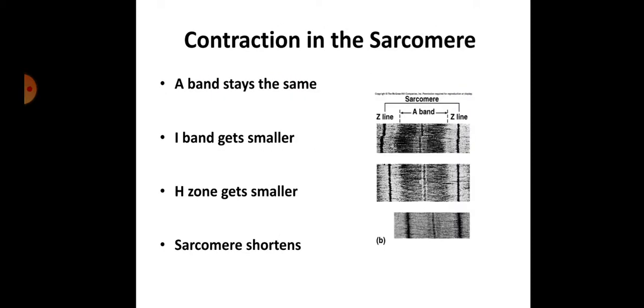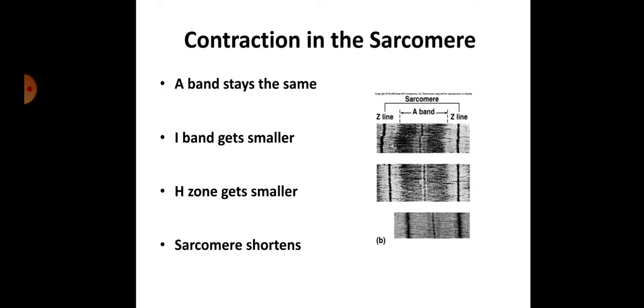Now, if we talk about the various bands and zones, you can see in the photograph, the first photograph shows a relaxed muscle, the middle shows the sarcomere shortening, and the last figure shows that the contraction has taken place and the muscle has shortened.